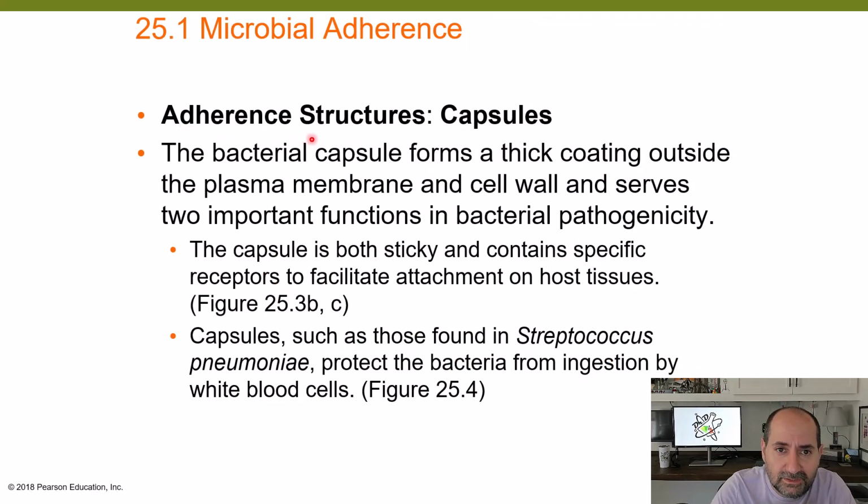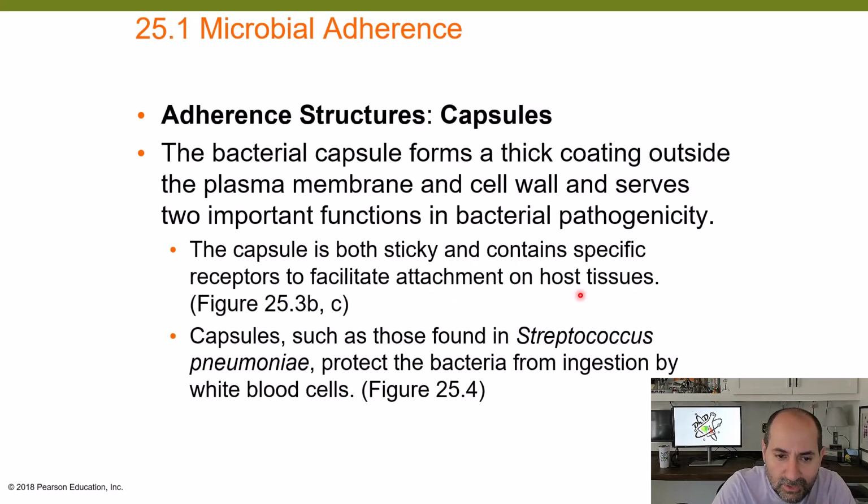Now, what are these adherence structures? There are many different adherence structures. You just saw those adhesins, but capsules qualify as well. Remember, capsules form a thick coating outside the plasma membrane. And this capsule is both sticky and contains specific receptors to facilitate attachment on host tissues.